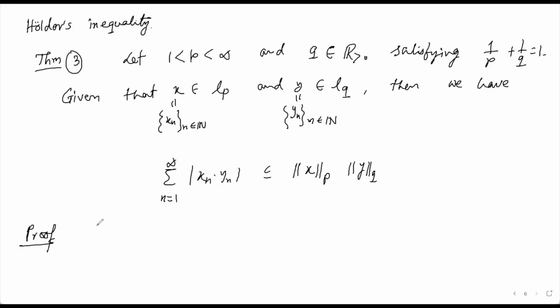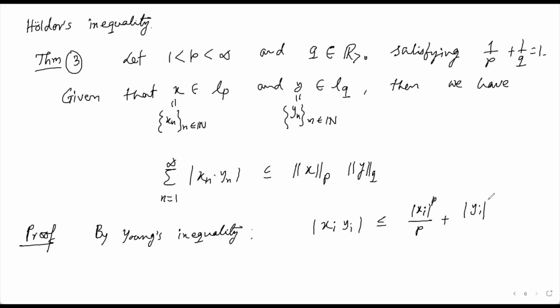By Young's inequality, what we have is that the absolute value of x_i times y_i is less than or equal to the absolute value of x_i to the power p over p, plus the absolute value of y_i to the power q over q.